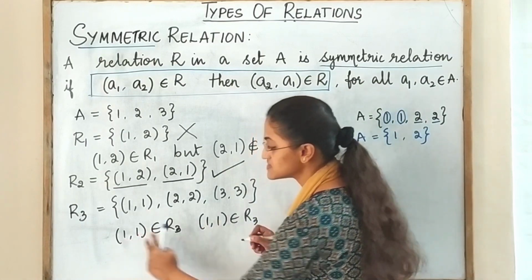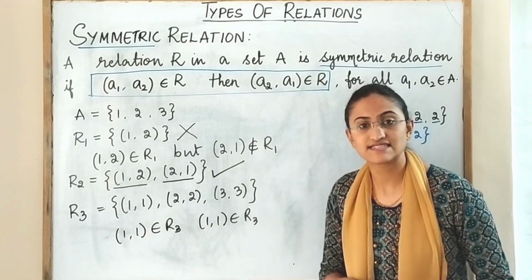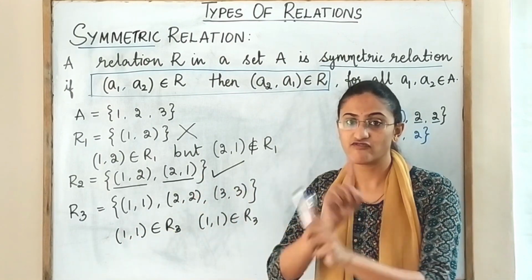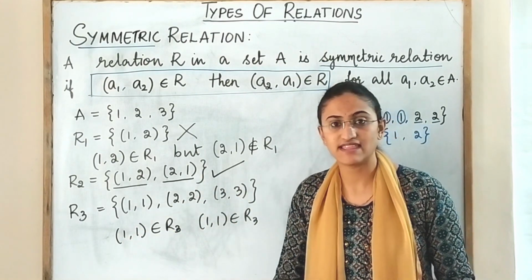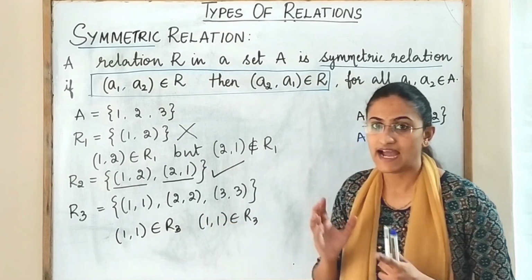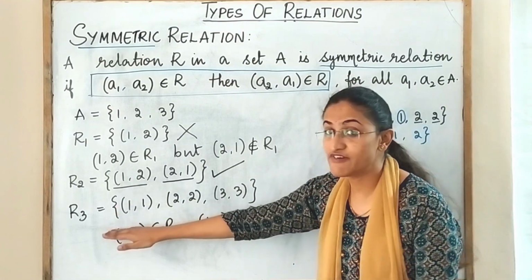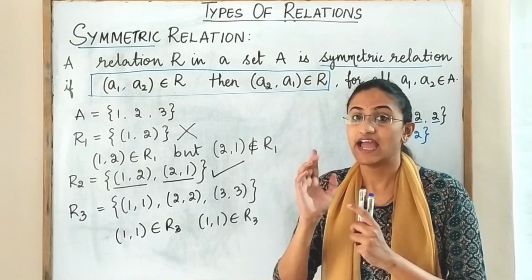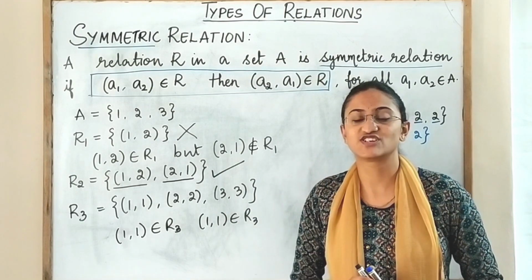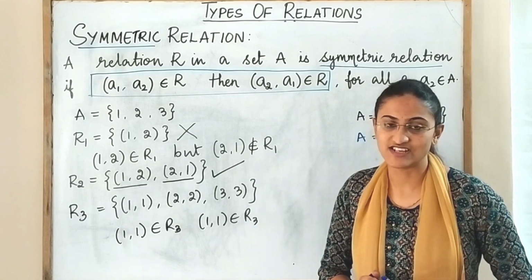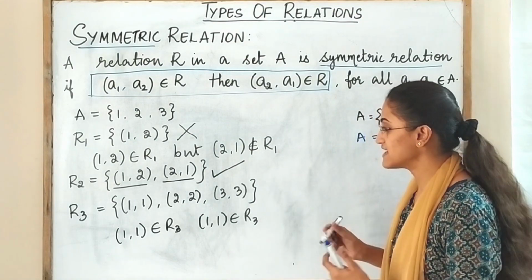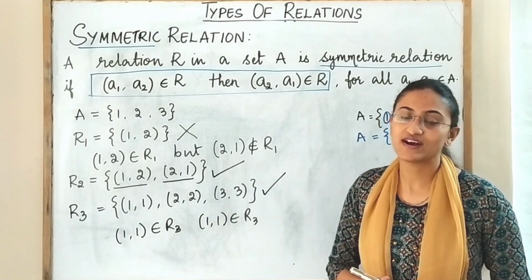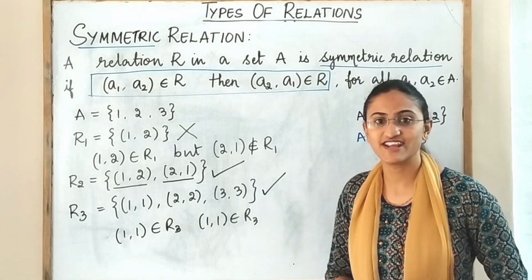Since the elements inside the ordered pairs are alike, if you are reversing the ordered pair, even then you are getting the same ordered pair, and hence you can conclude that every identity relation, I'm stressing that every identity relation, is a symmetric relation, and hence you can conclude that the relation R3 is also, yes, a symmetric relation.